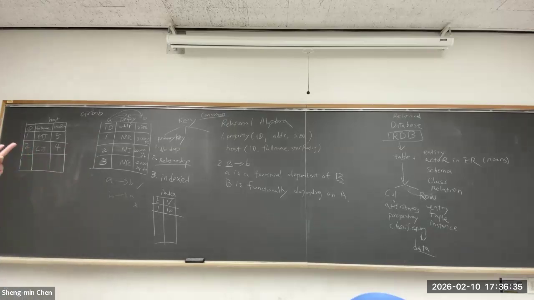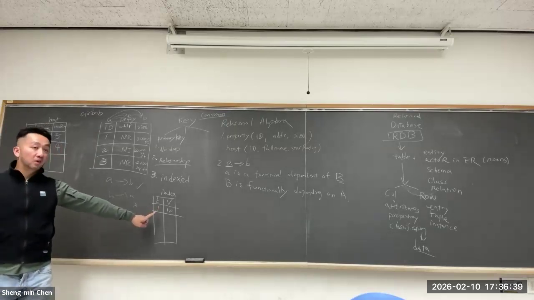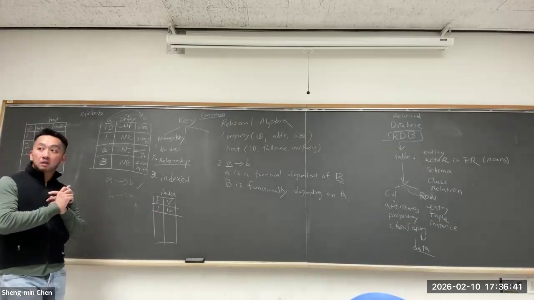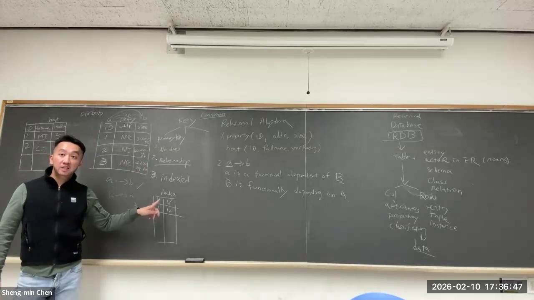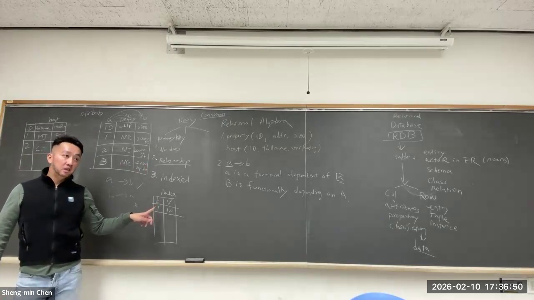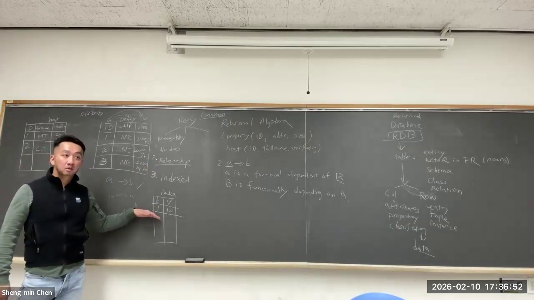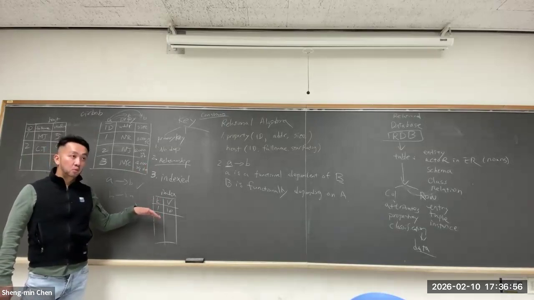Let me just reiterate what the index does. First, the column that you make into a primary key, which automatically gets indexed, is now on this hash table, so looking up will be much easier.